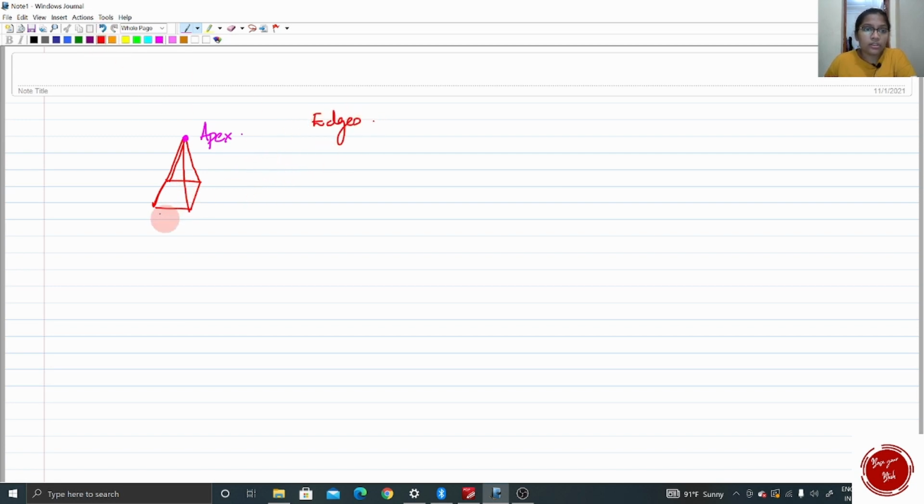Okay, so here you can see at the base there are 4 edges. So we have these edges classified to base edges which are 4 in number, and also sideways you have lateral edges. Okay, lateral edges, that's also 4 in number.